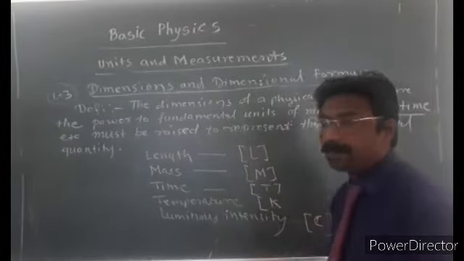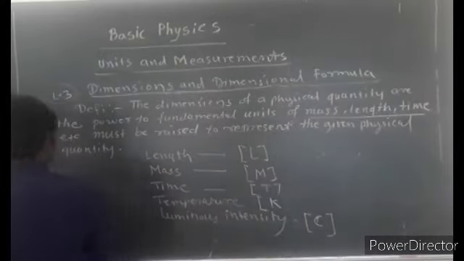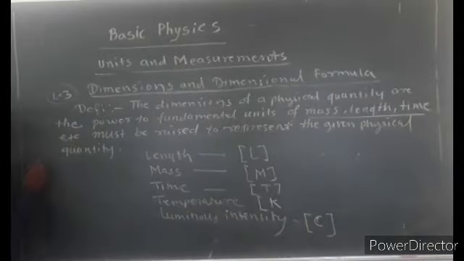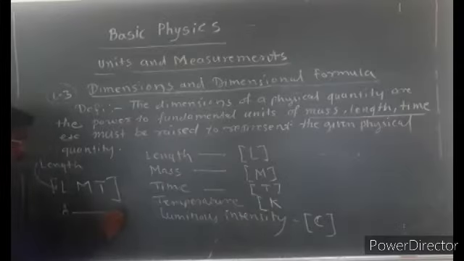So how to raise it? For example, suppose this is length and I want to write the dimensions of length. I can write here L, M, T. Length is related to L. I want to write the distance between A and B. No mass is required for that, that's why this is the length.